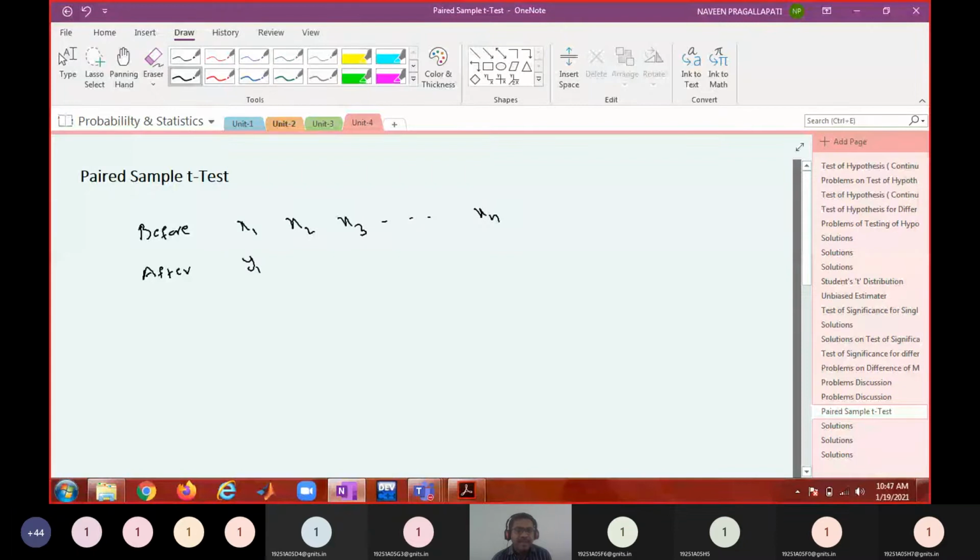Let us say after applying the process, you are getting the new data, y1, y2, y3, and so on, yn.